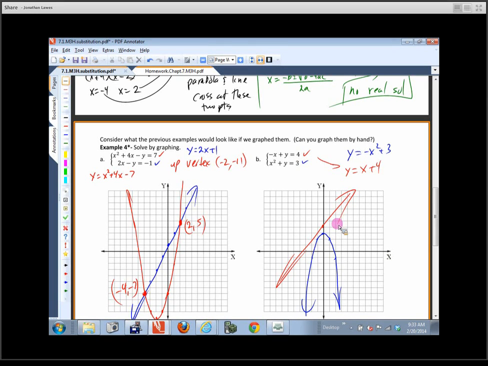Now, would it be pretty easy to solve each one of these for y, like we did here? Throw them in the calculator, put them in y1 and y2, and have the calculator graph those and see where they cross? Have we found intersection points before? We have. You know how to hit the second trace button, the calculate.